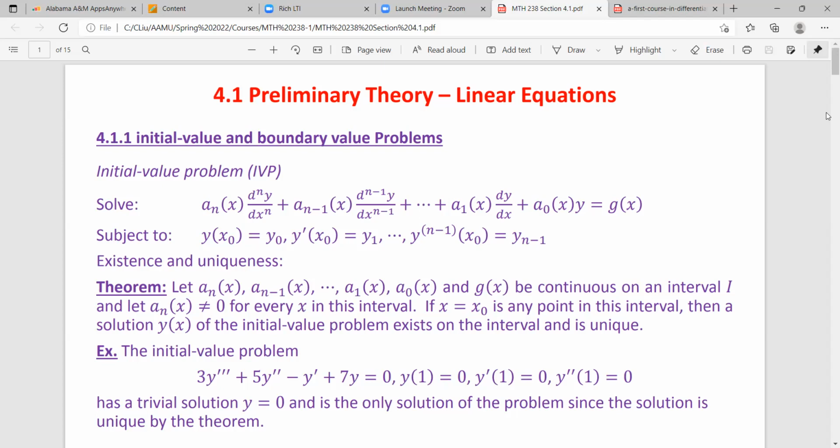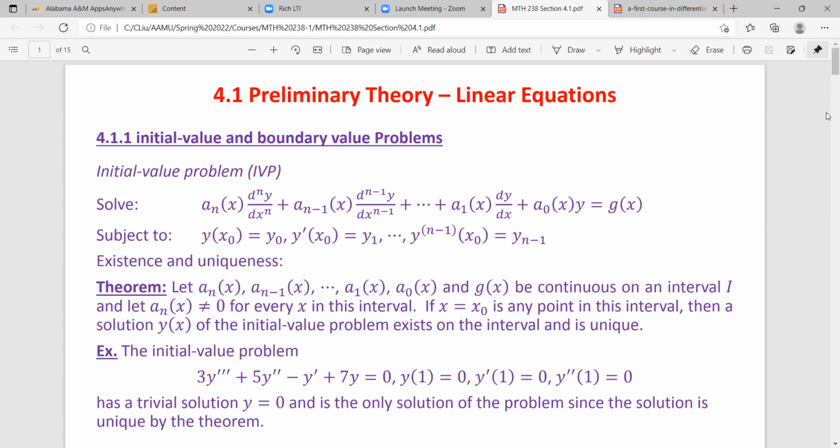So y(x0) = y0, y'(x0) = y1, and so on to y^{(n-1)}(x0) = y_{n-1}. Those are numbers or constants given in the problem for any specified x0. So given the initial values, we can solve the problem completely.